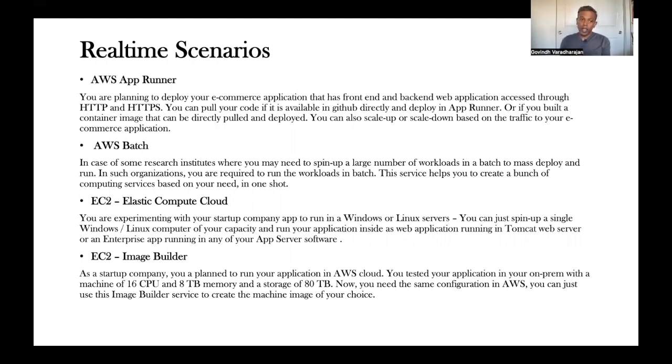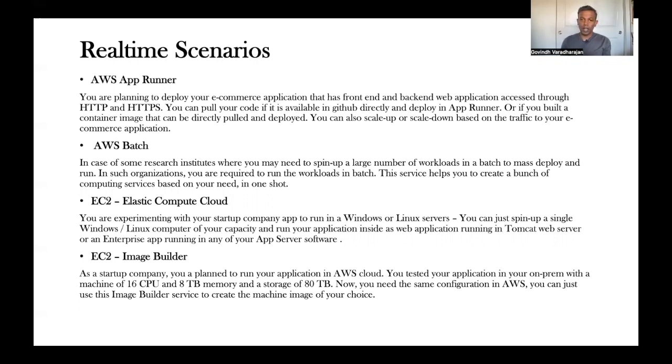So in that case, the infra team has to go and build the right image for your application to run fine without any disturbance, right? So in that case, you can use Image Builder to pick the configuration of your CPU, memory, storage, everything, and then build your image of any EC2 instance type, and then start using the EC2 instance for your application.